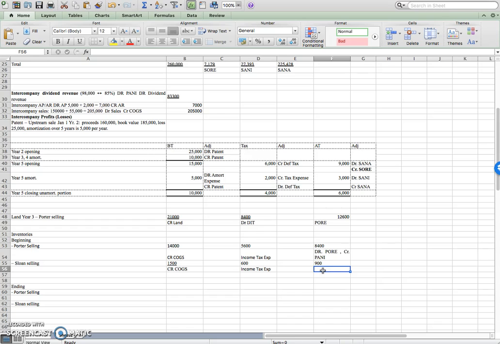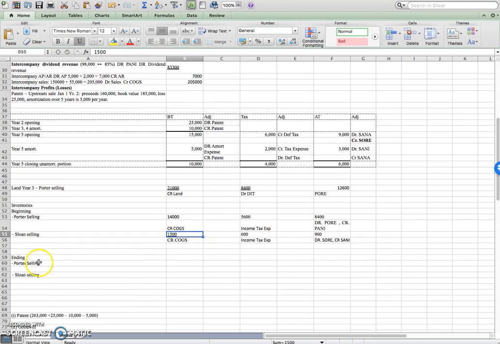Of course, on the Sloan side, when it's an upstream, we are going to debit SOAR and credit SANI. This is very much similar to what we saw in Chapter 6.